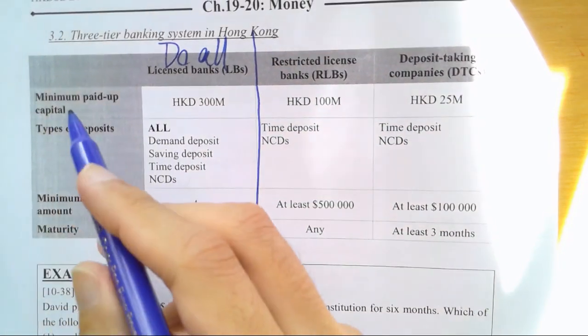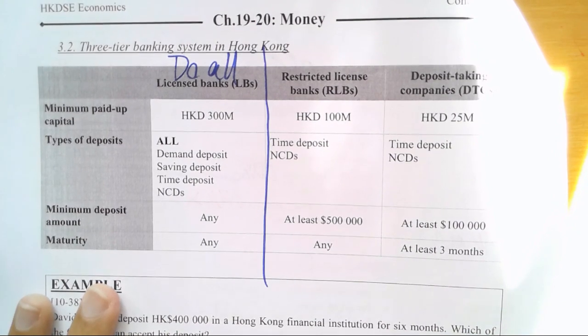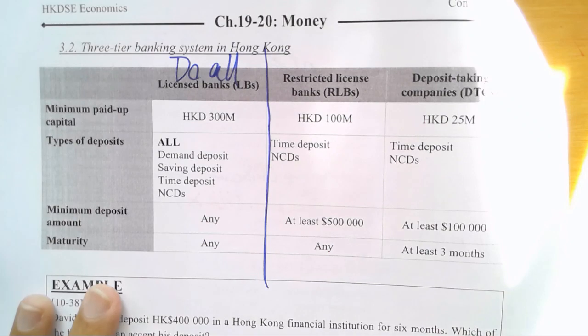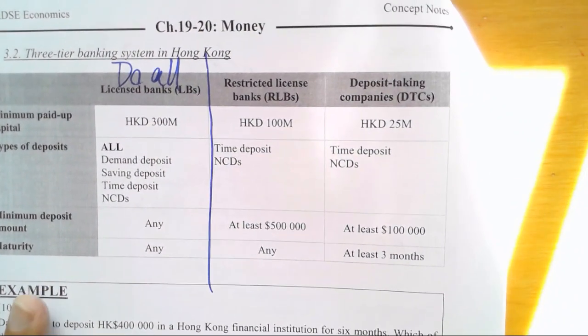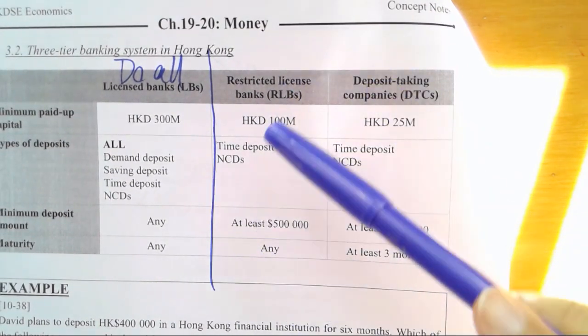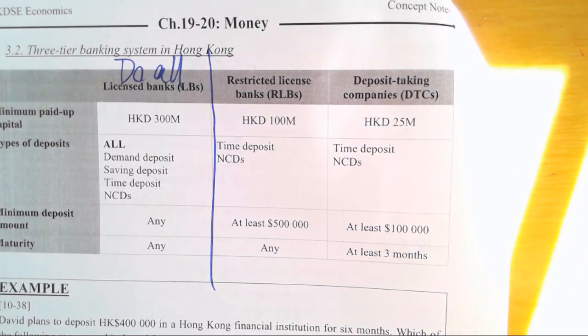Okay, now what is minimum paid up capital? It means how much money in order to open the banks. 梗係咁你要做得 licensed bank， 你梗要多啲錢啦。You of course need more money to have this kind of power， 係嘛？Alright, now if you don't have that much money, right, you fall into the second and third type, okay? Either a restricted licensed bank or a deposit-taking company. You see, right?